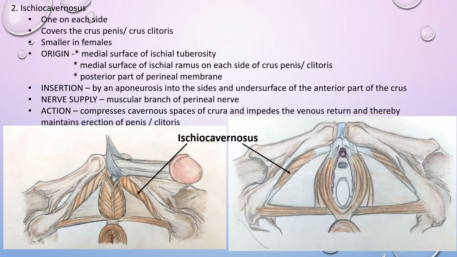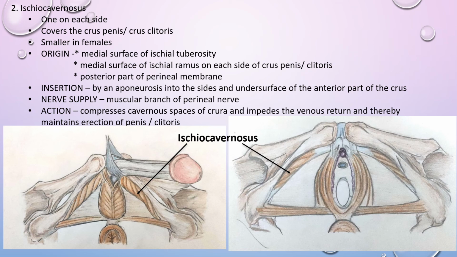The next muscle is the ischiocavernosus. It is also two in number, one on each side. This muscle covers the crus penis or crus clitoris. It is smaller in females.